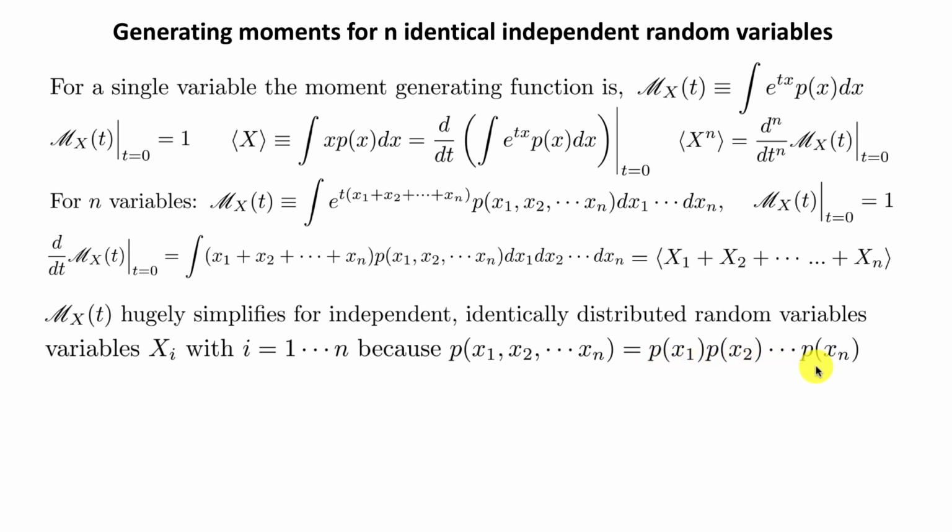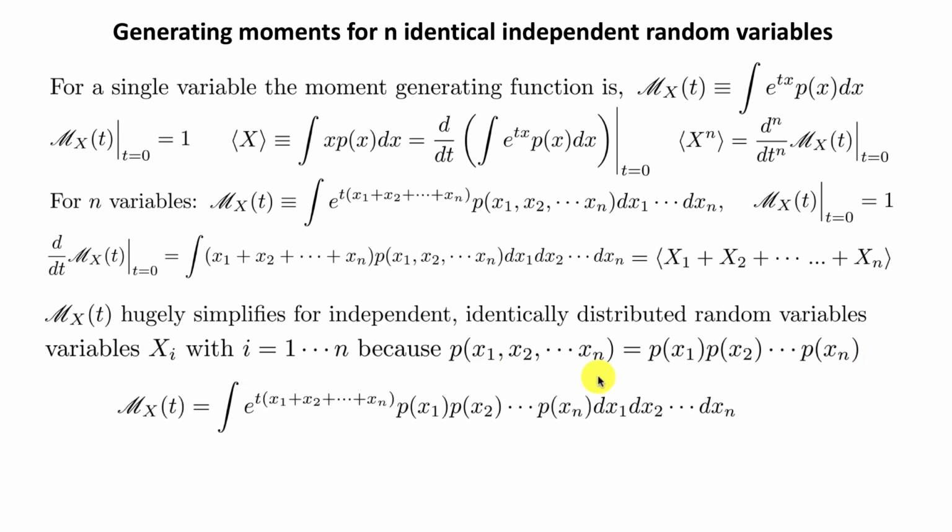All the p's are the same. However, their arguments are different: x1 here, x2 here, xn here. This is the statement of independence. In that case, the moment-generating function then takes this form.